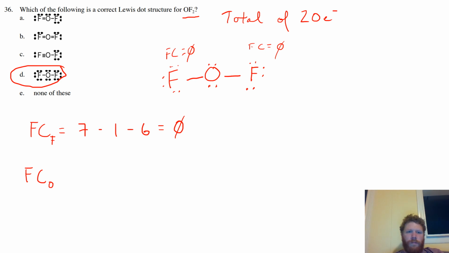Now for oxygen, how many valence electrons does oxygen bring in? Oxygen, being in group number 6, brings in 6 valence electrons. How many bonds does this oxygen see? Well, it sees 2. And how many unshared electrons? 4. So 6 minus 2 minus 4 is effectively 6 minus 6.